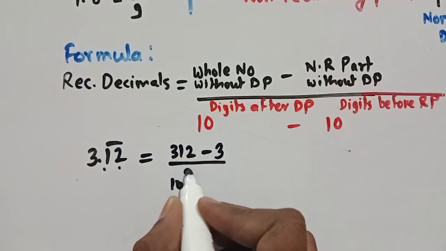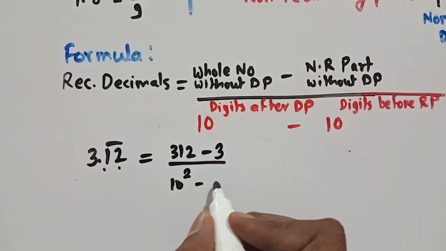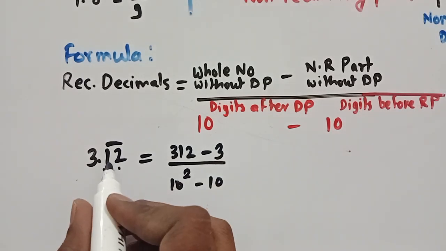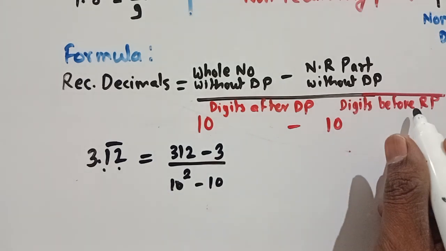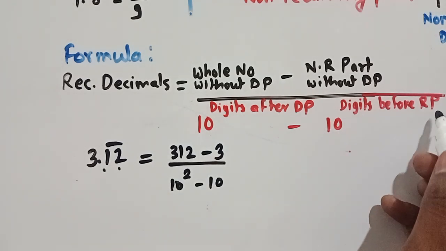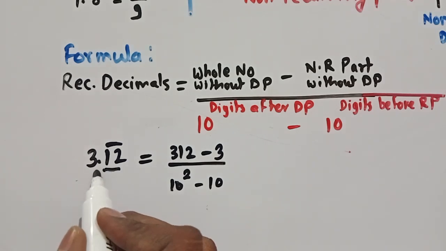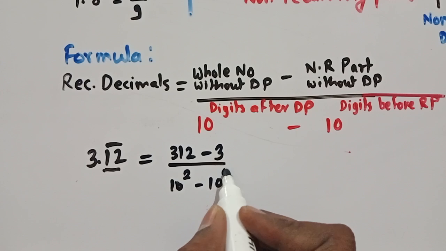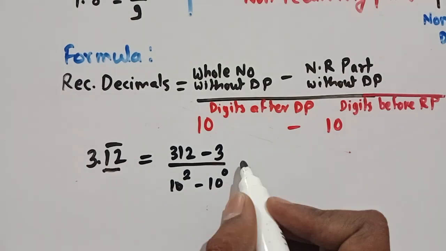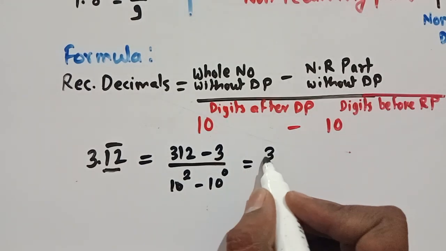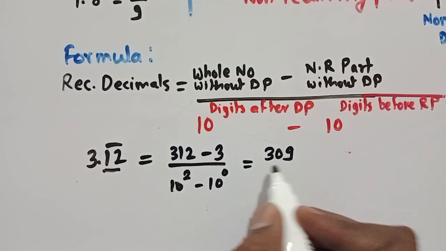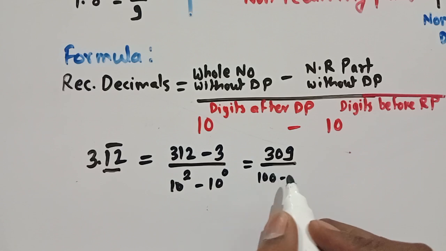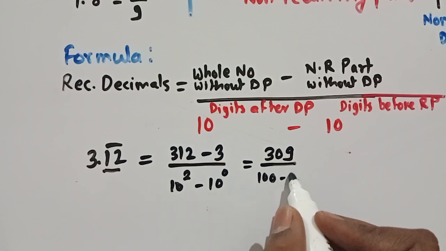There are 2, so the number of digits is 2. 10 to the power number of digits before the recurring part and after decimal point: there are no digits, so raised to the power 0. So after solving this, it is 309 upon 10 to the power 2, which is 100, minus 10 to the power 0, which is 1.